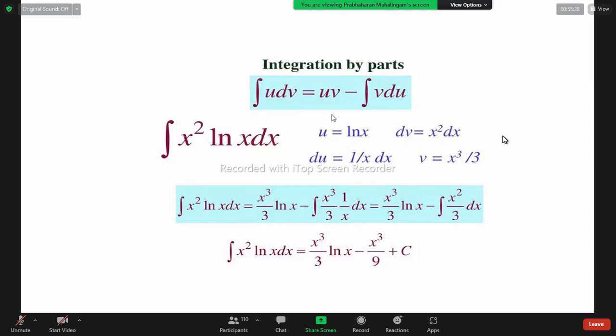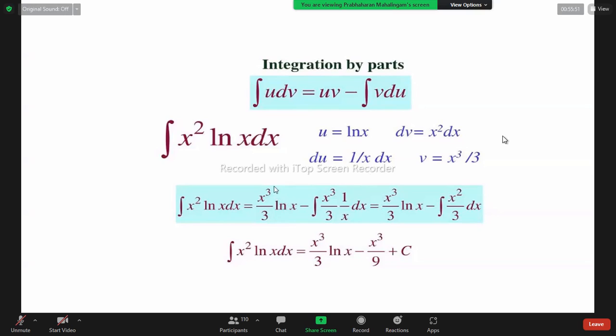u into v, minus, yes, minus sign, integral sign, v, x cube by 3, into du, 1 over x dx. Right? Replace these four values in the appropriate formula. After the replacement, do your integration.